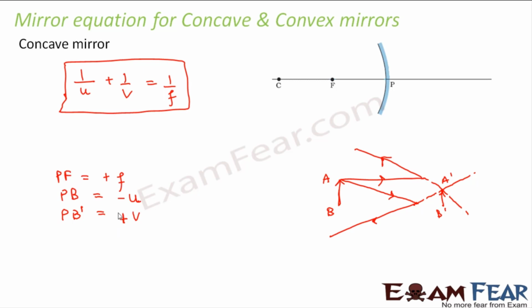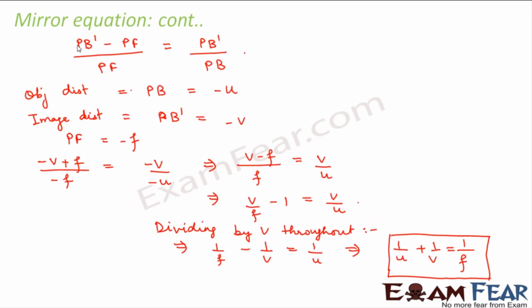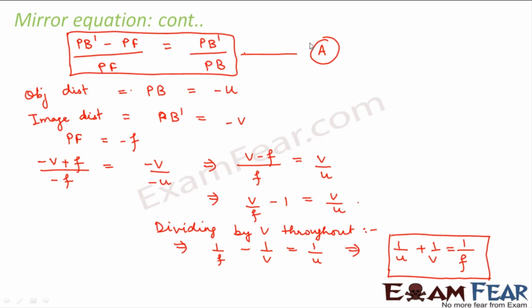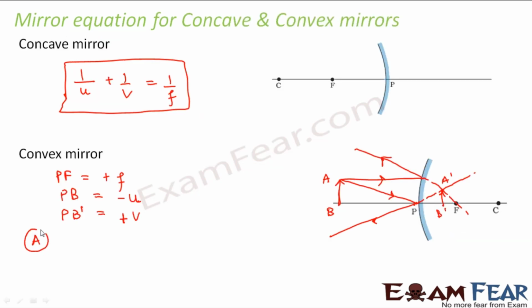So if you put all these values in this equation which I had mentioned in our previous slide, let me call this equation as equation A, then what happens? So equation A becomes, if you put these values in equation A, it becomes (v minus f) divided by f is equal to plus v divided by minus u.